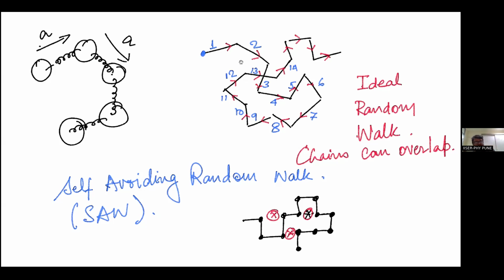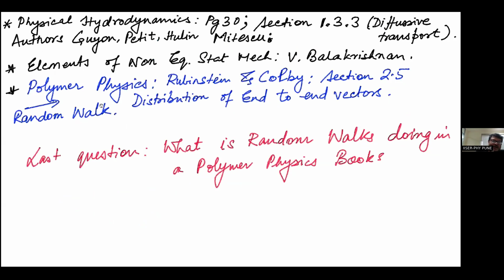But all that I want to say is that polymer physics again starts with statistical physics and the description of random walks, and then self-avoiding random walks, and then random walks with interactions, and so on and so forth. So this goes on. That's why, again, you can refer to polymer physics books for random walks.